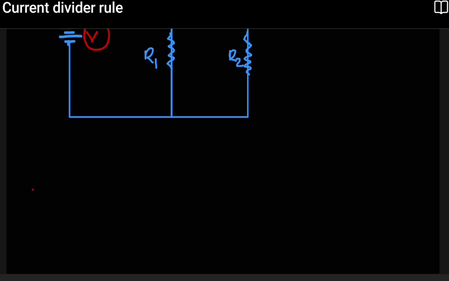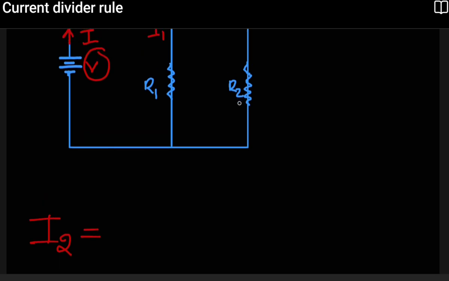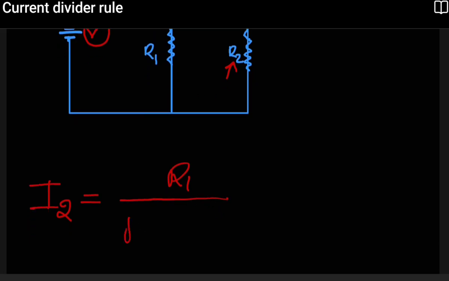But if you wanted to find the current passing through, let's say, I2, the current passing through R2 here, then what will be in the numerator will be R1. So this will be R1 divided by the sum of the two resistors, R1 plus R2, then multiplied by the current coming from the source.